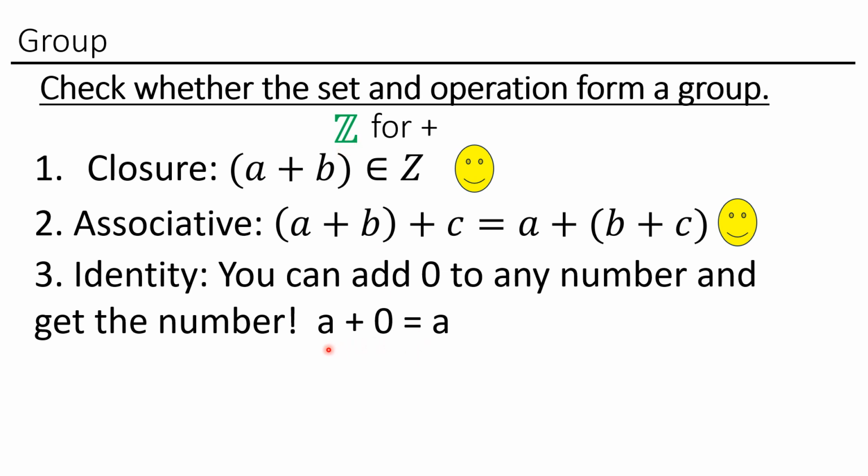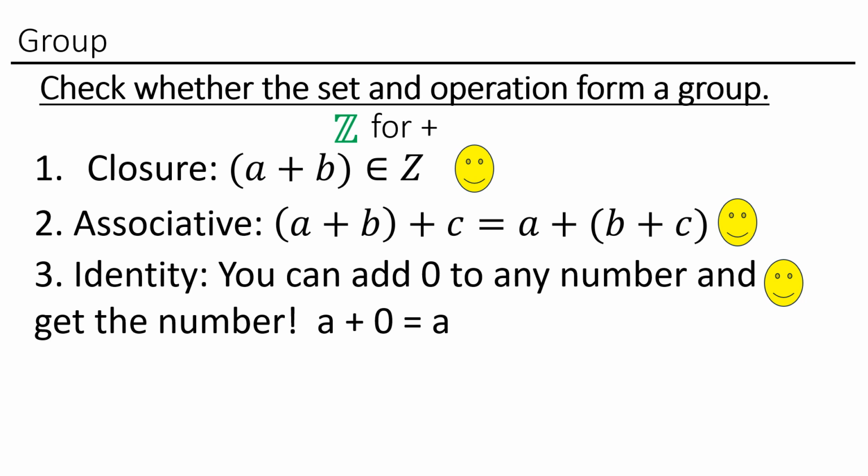And so 0 can be added to any number and I get that number back. So the identity property works for the integers because 0 is an element of the integers. So this works good for me.